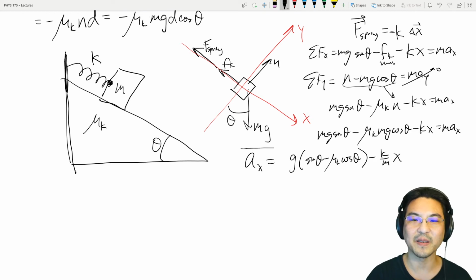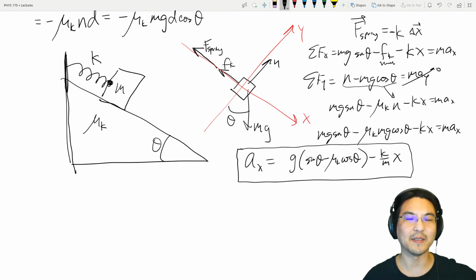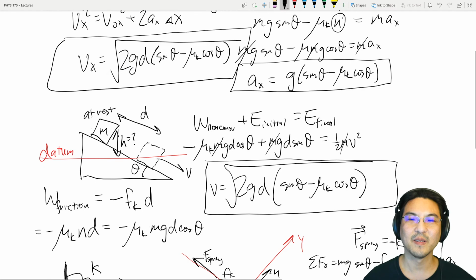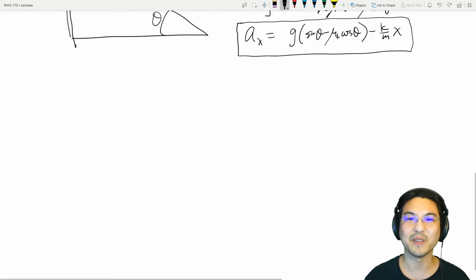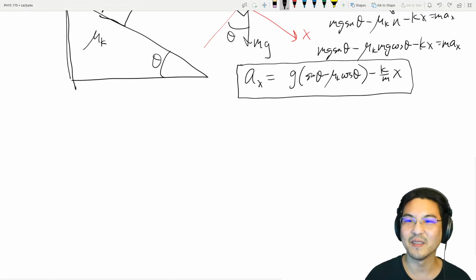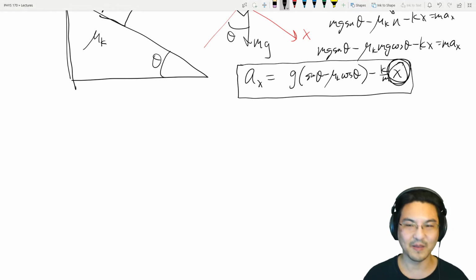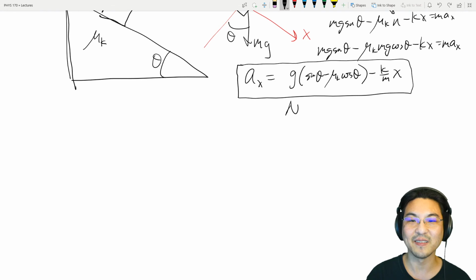Okay, so we got the acceleration of the block, and unlike the previous problem, where this acceleration was constant, this one is not, because here, the acceleration is a function of how much the spring gets stretched. So it's not constant.